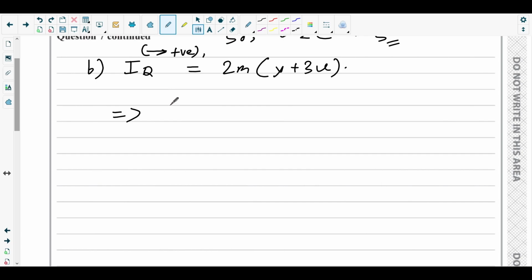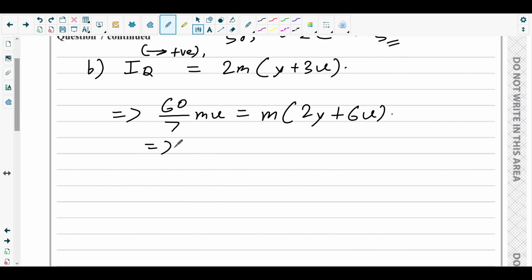So 60 over 7 mu equals, multiplying that by 2, 2y plus 6u, right? m cancels out, so you will get 60 over 7u equals 2y plus 6u.